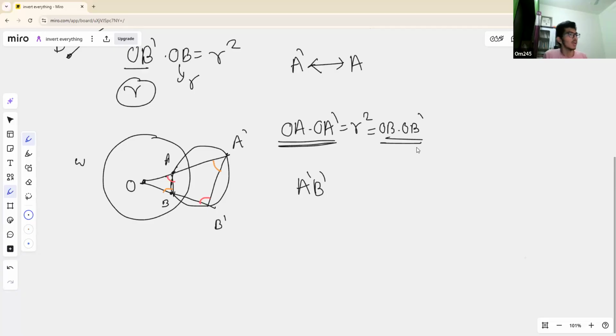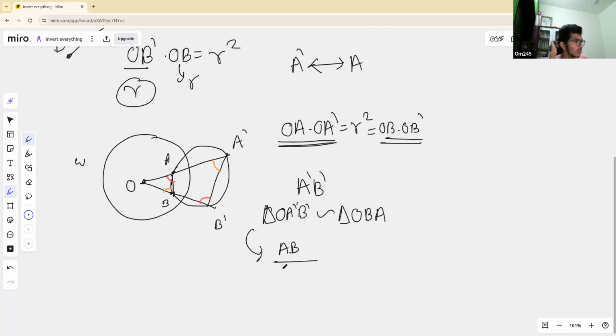Okay, it's fine. So the way we do this problem is we first of all notice that triangle OB'A' is similar to triangle OBA by angles, and then we use the ratio.